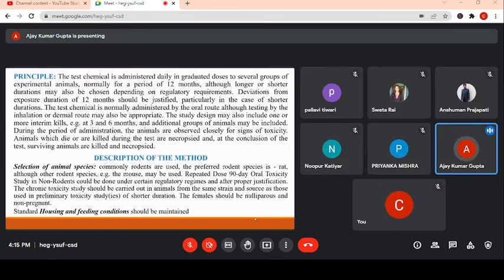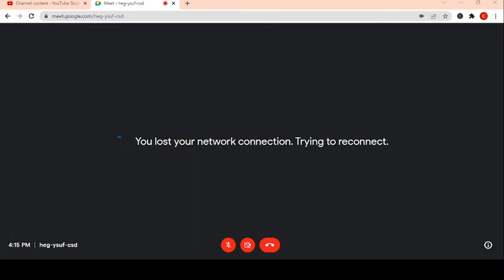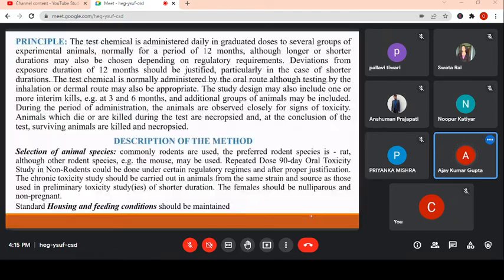So for non-rodents, of course, to get the permission for using them, one has to thoroughly go through the literature, and an additional committee has to be faced to get the permission to conduct this type of test on non-rodents. The chronic toxicity study should be carried out in animals from the same strain and source as those used in the preliminary toxicity studies of shorter duration.